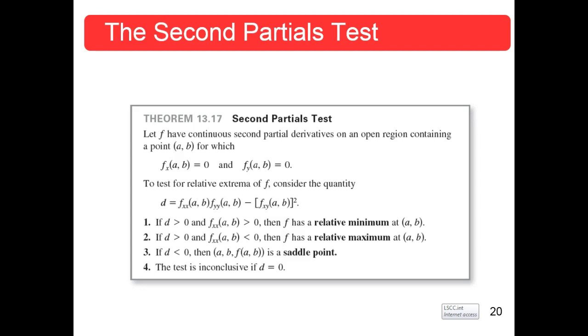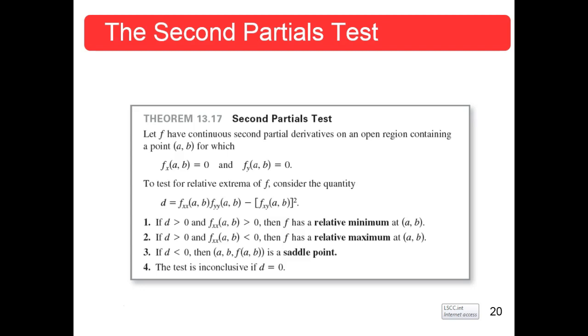If this d is positive, if this product is greater than that squared, and f sub xx is greater than 0, meaning it's positive, then that means that this is a relative minimum. Because f sub xx is positive, and the product here is greater than that, then that's a relative minimum.